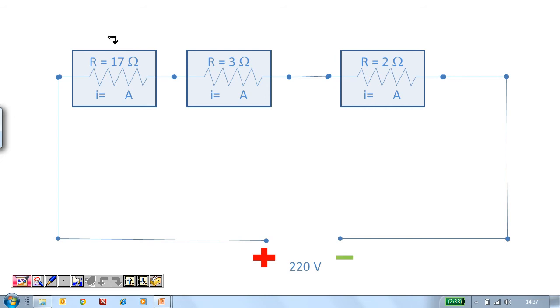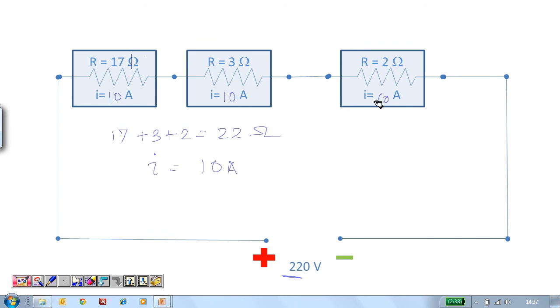In the serial circuit we have 17 plus 3 plus 2, that is 17 plus 5, which is 22 ohms. The voltage here is 220, so the effective current is going to be 10 amps. So we'll have 10 amps going here, 10 amps going there, and 10 amps going there.